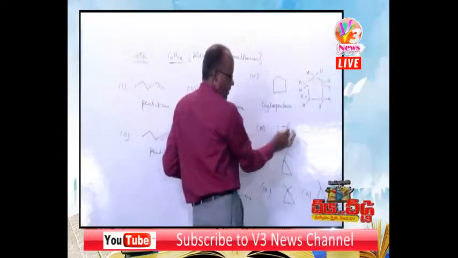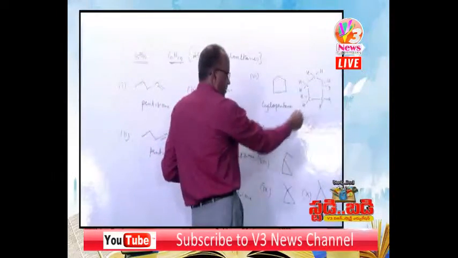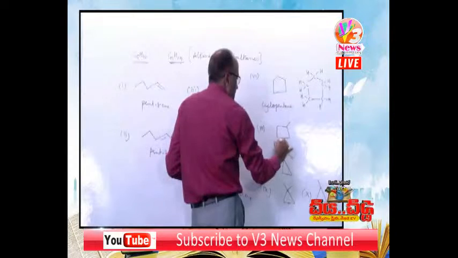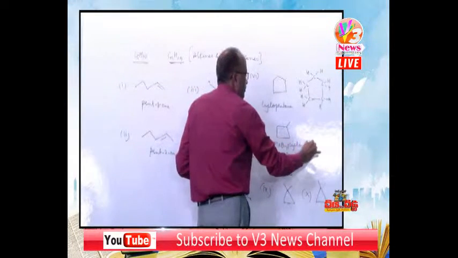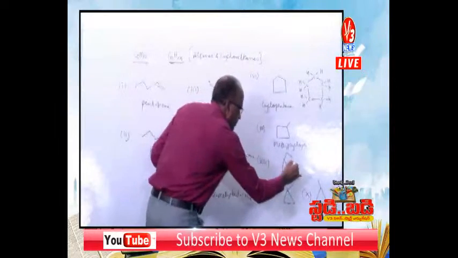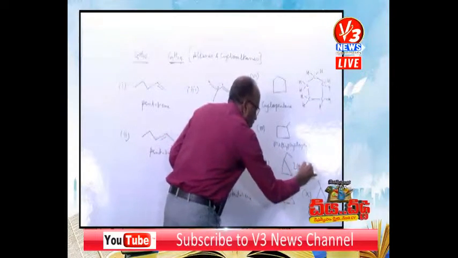cyclopentane. Now come to this structure, there is a methyl branch. So what is this? Methylcyclopentane. And this one, ethylcyclopropane.